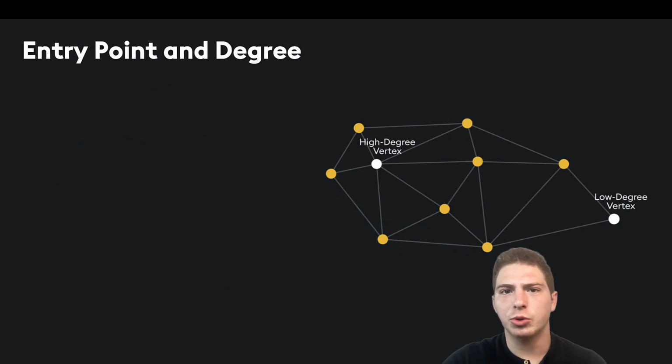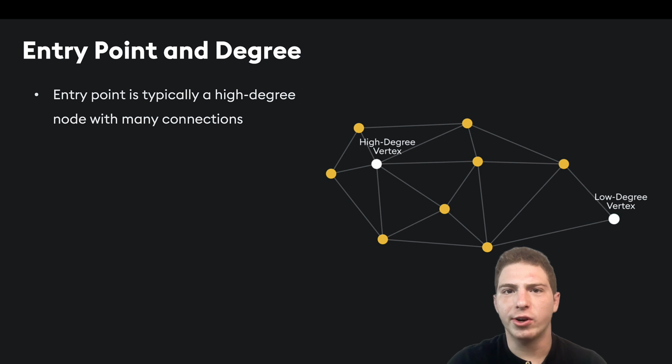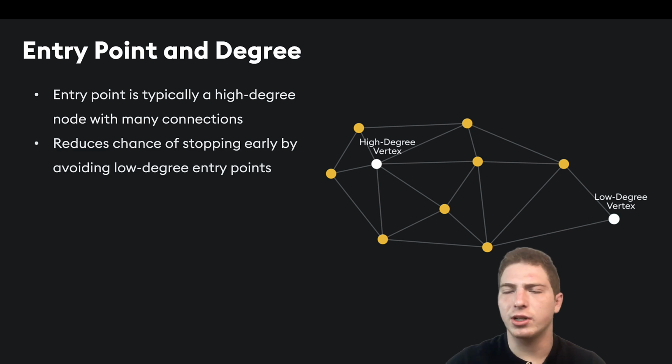When you're doing HNSW search, you typically want to start at an entry point, which is a high degree node with many connections. The reason for this is that it reduces the chance of stopping early by avoiding low degree entry points. This makes sense because if you start at a low degree entry point, it's possible that the local minima you find isn't the best local minima compared to what you would get if you had started with a high degree vertex.